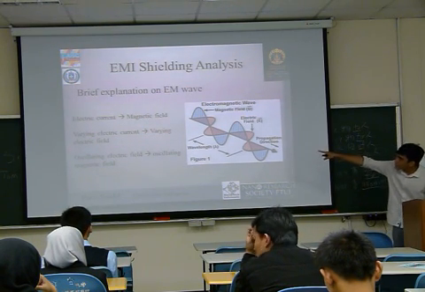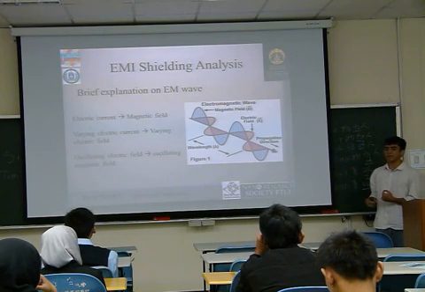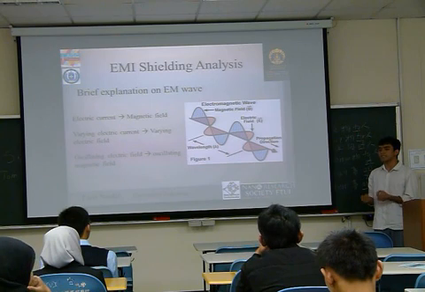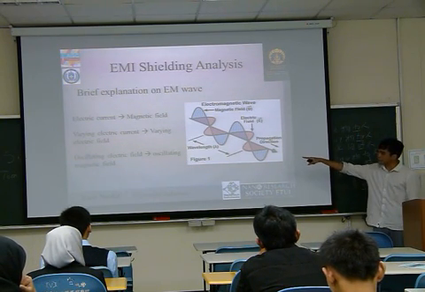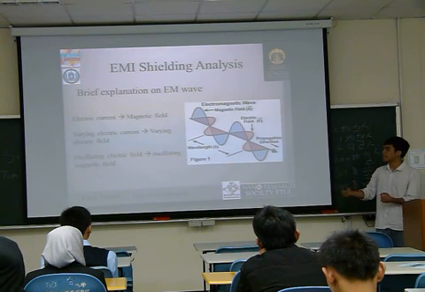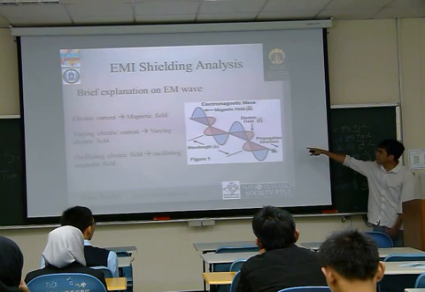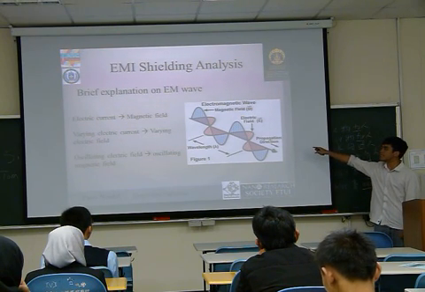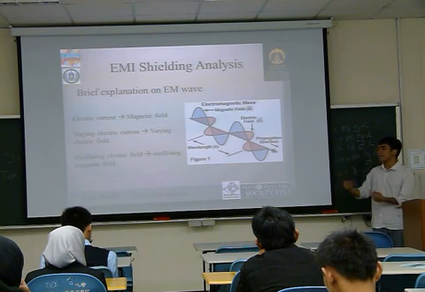And when the electric current oscillates, it results in an oscillating magnetic field. This oscillation can propagate through space, resulting in an electromagnetic wave. This is like the radio wave and light that we see today.